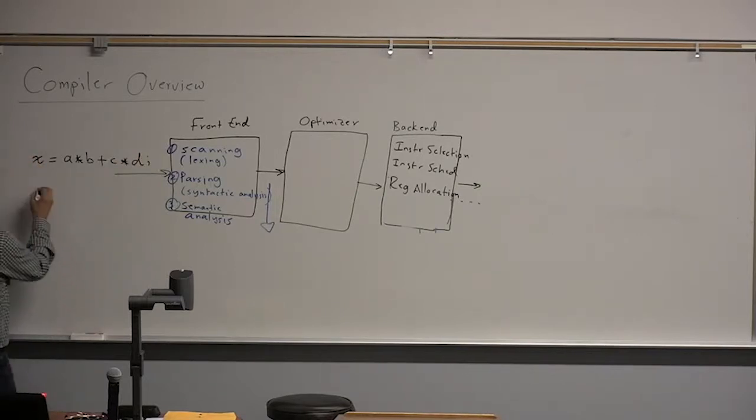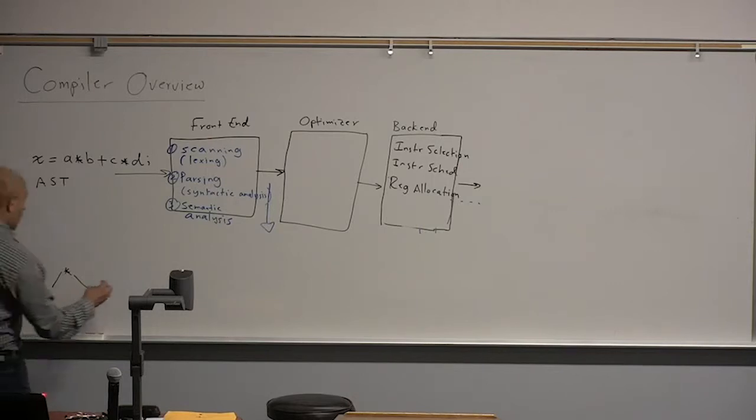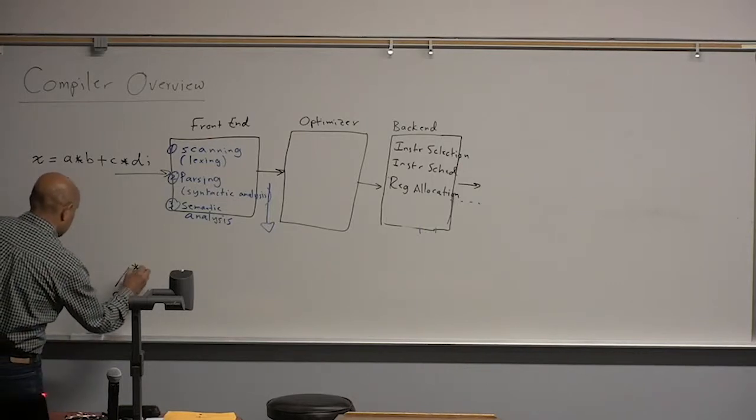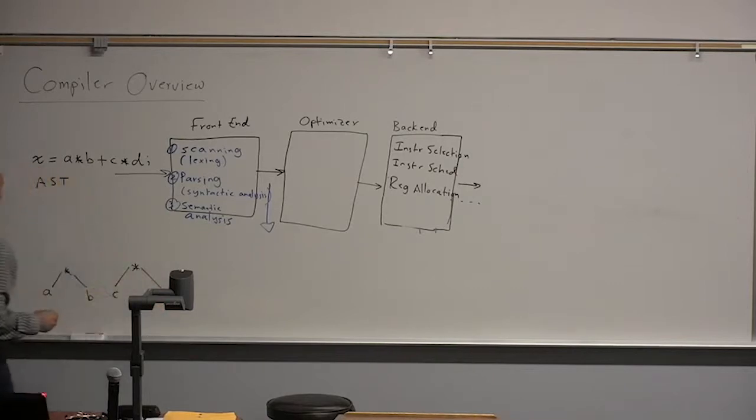In this case, the abstract syntax tree is going to be this: a multiplied with b, right? And c multiplied with d, and then add these. So the abstract syntax tree is a very logical hierarchical representation of this expression computation and assignment. And then we are assigning this to x.